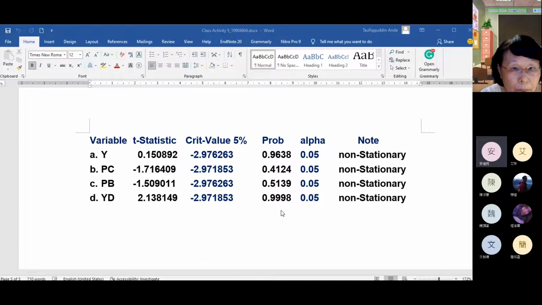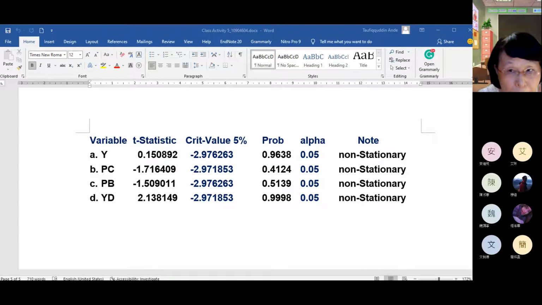Professor, I want to ask about this: the total number of observations is the same, but why is this critical value different, negative 2.971853 and negative 2.976263? Thank you very much.